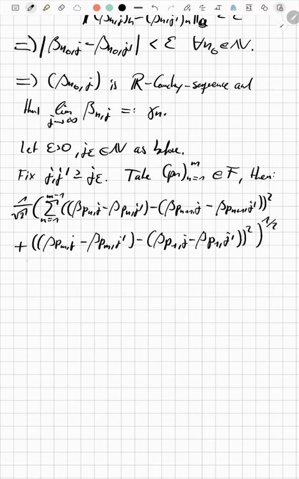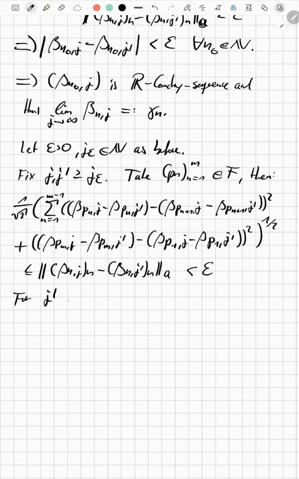Oh, this is so horrible, but this is less than or equal to the norm of beta n j minus beta n j dash in the A norm, and thus it is less than epsilon. And why is this so important?